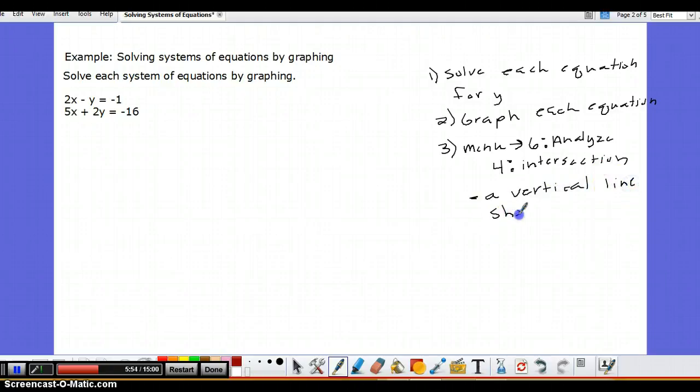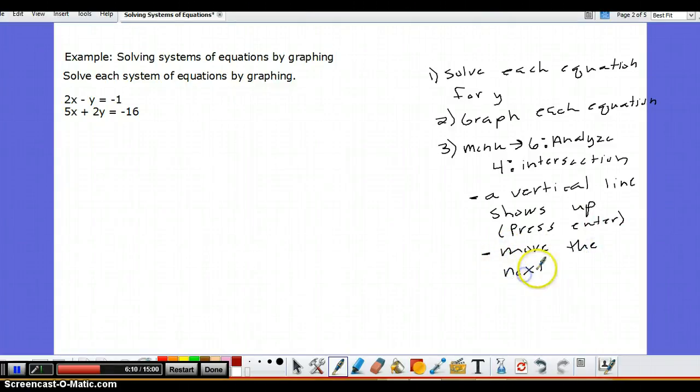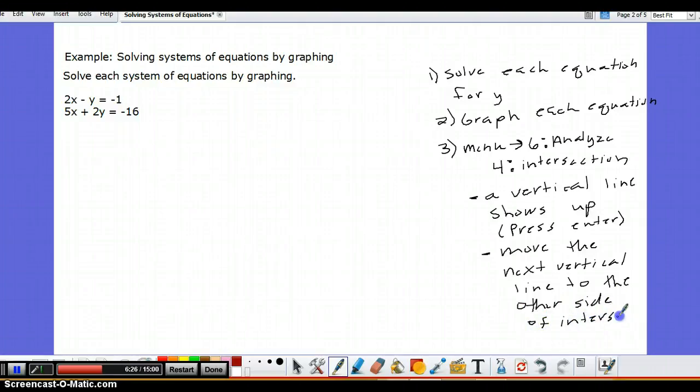For this, you want to press enter. Then move the next vertical line to the other side of the intersection. And again, once you do that, you press enter.